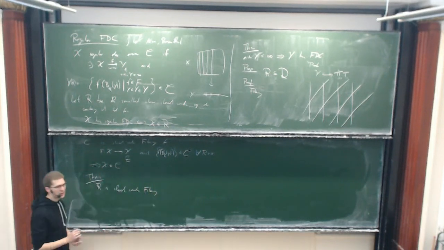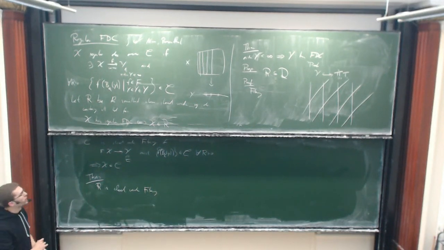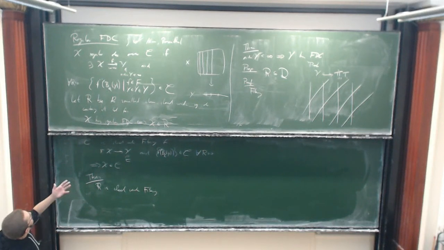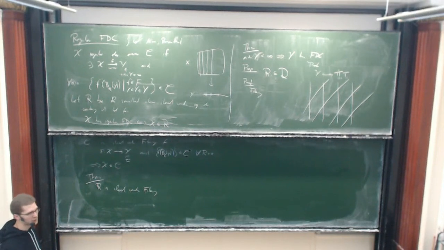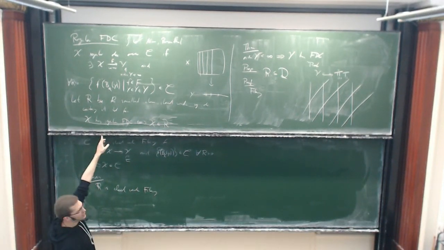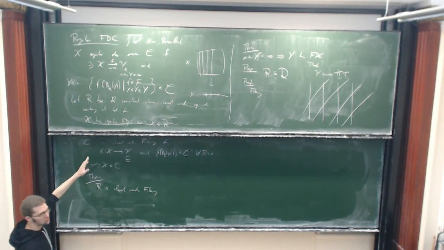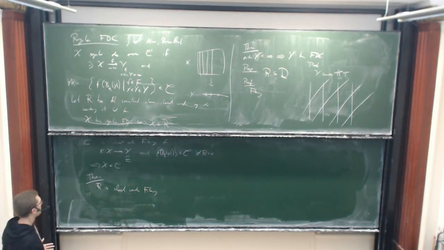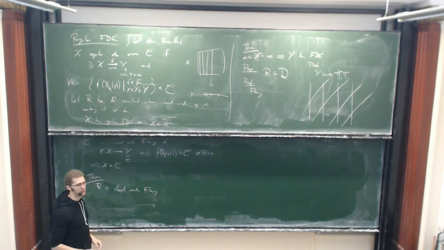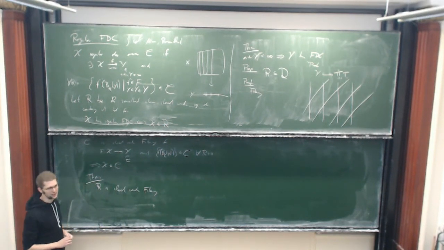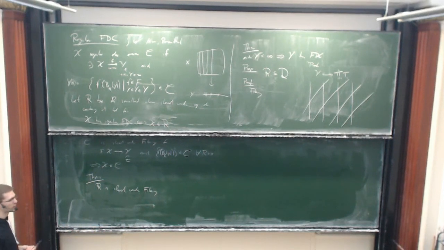So the idea is the same as proving it for FDC. You can also interpret this definition as a game one or one with the ordinals. And so you first regularly decompose your Y, and then in the next step you regularly decompose your fibers. And that's the same proof as for FDC that this works.